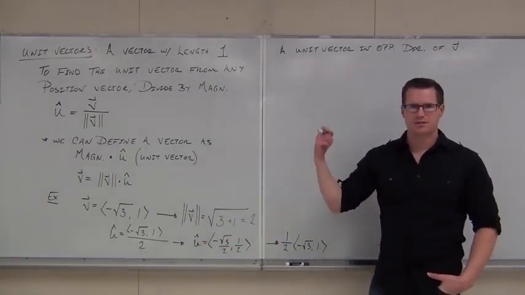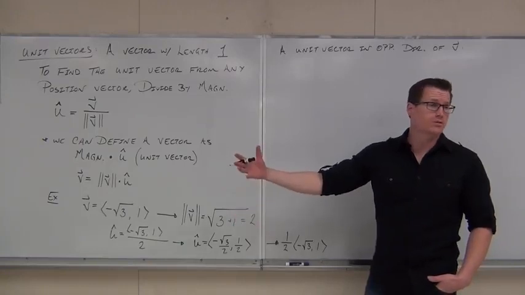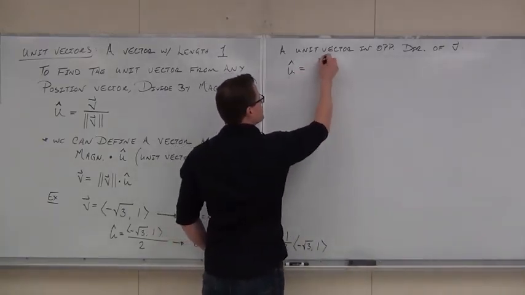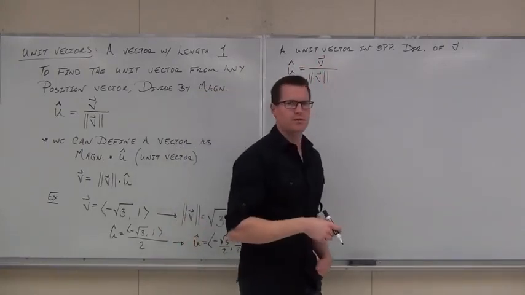Is this going to be a whole lot more work than this one? What do you think? Let's talk about it. Unit vectors take a vector and divide by the magnitude of whatever vector I'm working with.